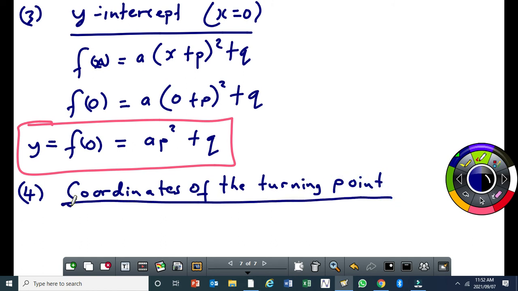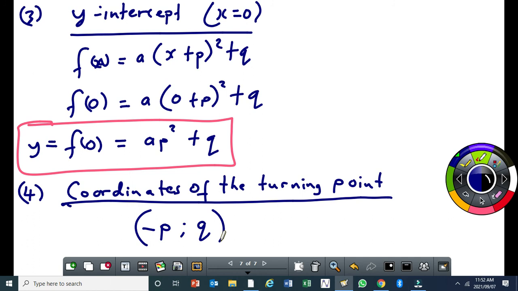The coordinates are given by the x value will be minus p. The y value will be q. Okay? So at your turning point, the x value will be minus p, the y value will be q.